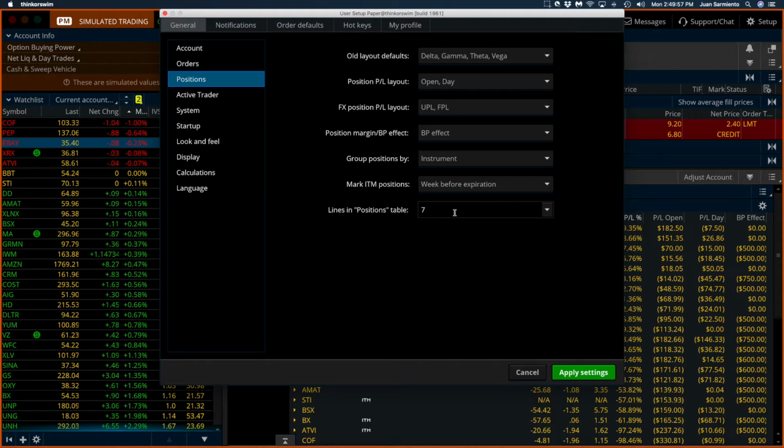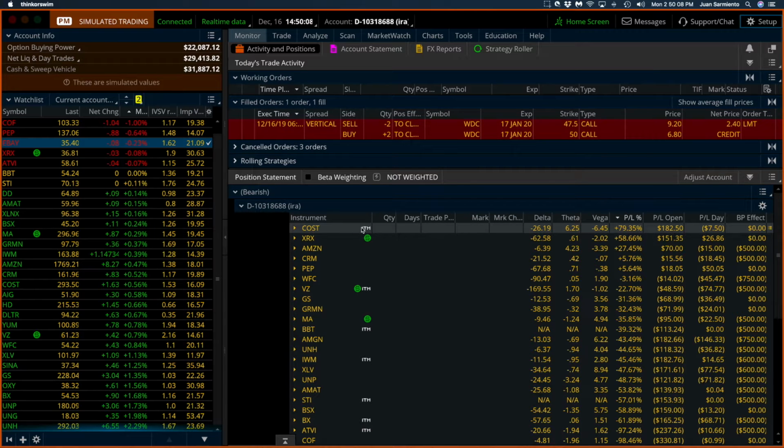Yeah, under positions it says week before expiration. So if you set that up, it would show you in the money all options that are in the money before expiration. And because the next expiration is on Friday, it's showing me this ITM.